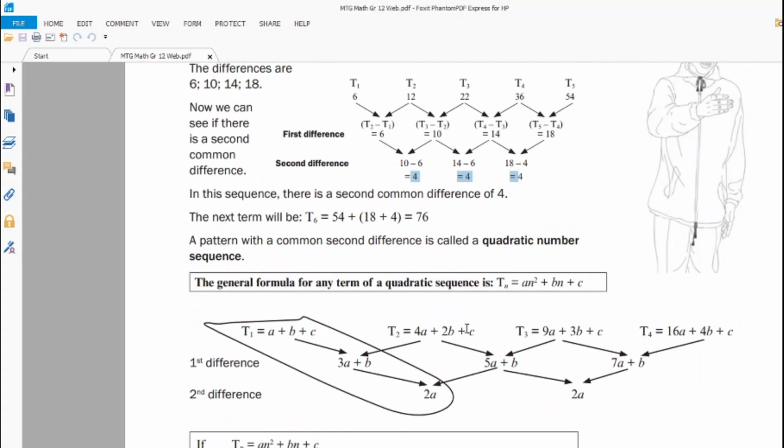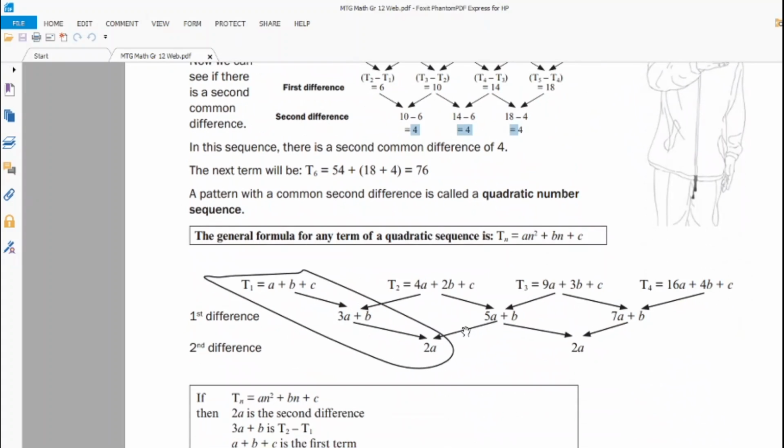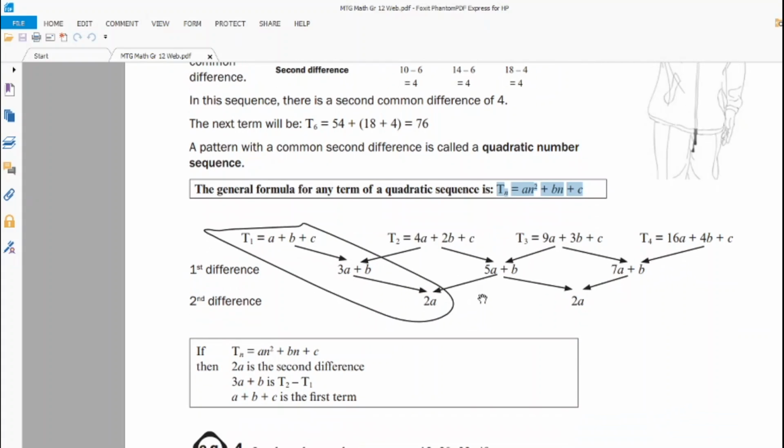Okay, now let us look at a formula, a general term for a quadratic sequence. So it is a quadratic sequence, so the general term is Tn equals an squared plus bn plus c, right? So with term number 1, if we substitute 1 in this formula, you will find that it's a plus b plus c.